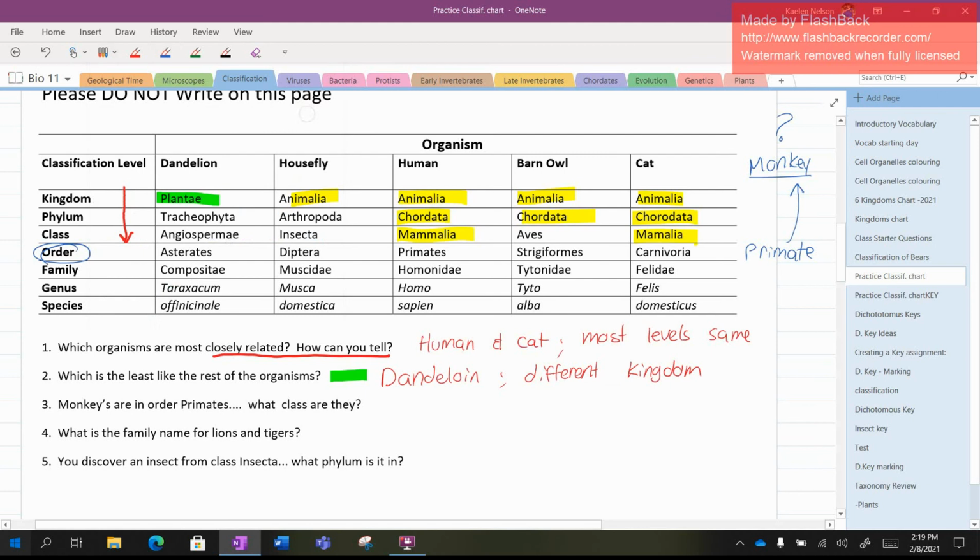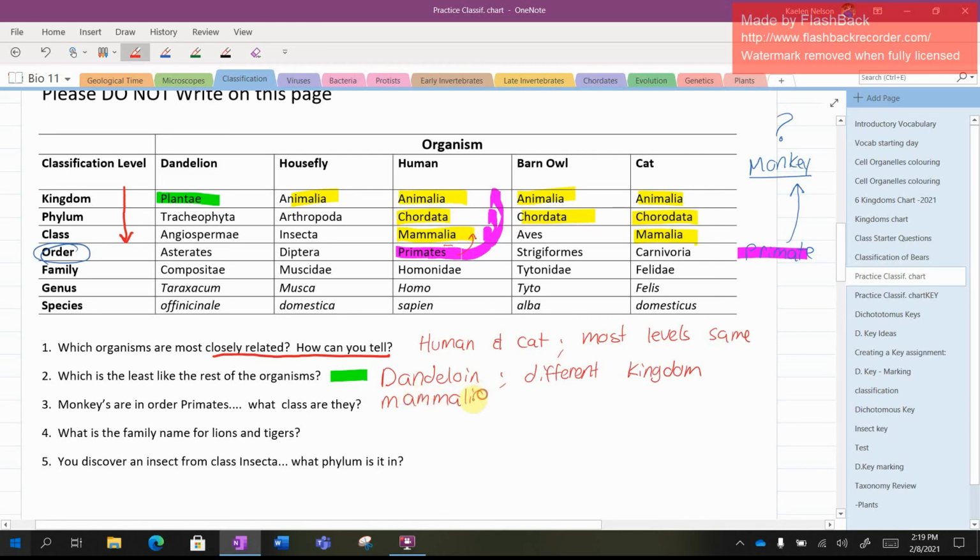So if I look through here, I see primate right there, which means that these 3 levels above are going to be the same for the monkey. So if my order is primate, I can find primates here and find out that its class is Mammalia.